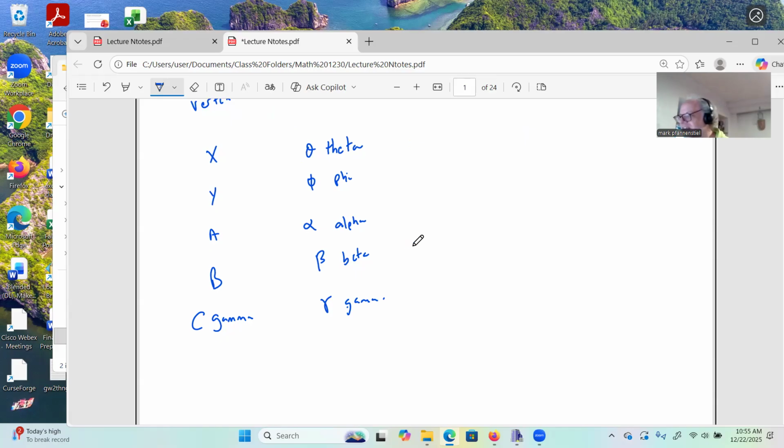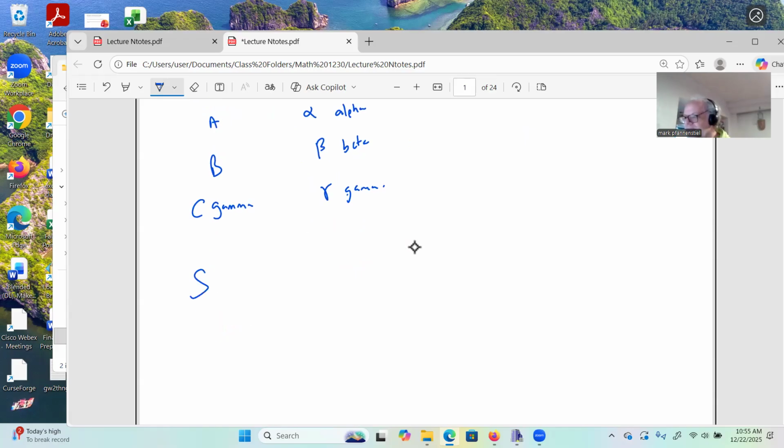And then we have something called standard position. When we start with a coordinate system, right, the typical Cartesian coordinate system that you've known and loved since you learned about it in elementary algebra, usually our standard position is going to be that the initial side is the x-axis.